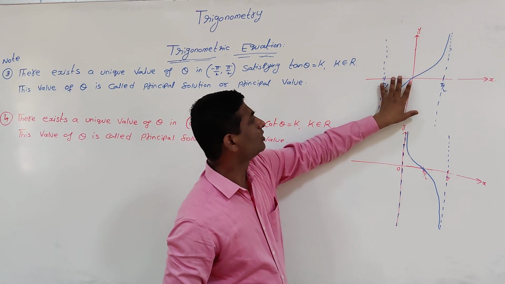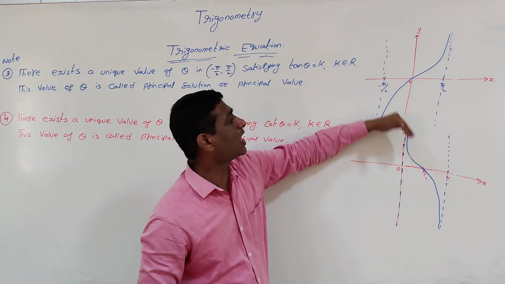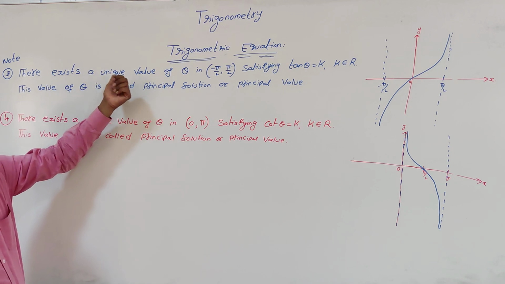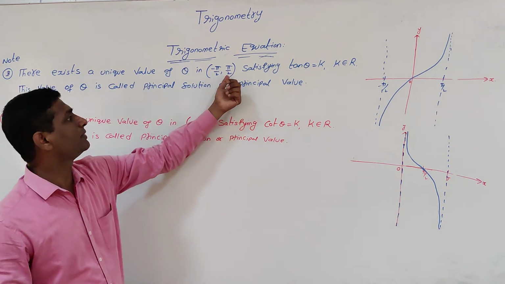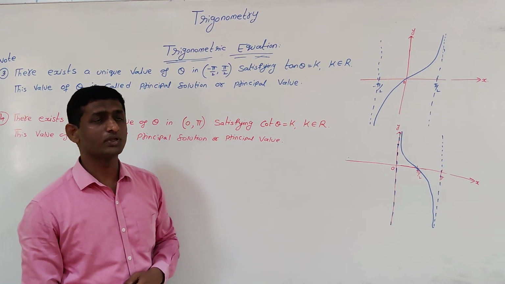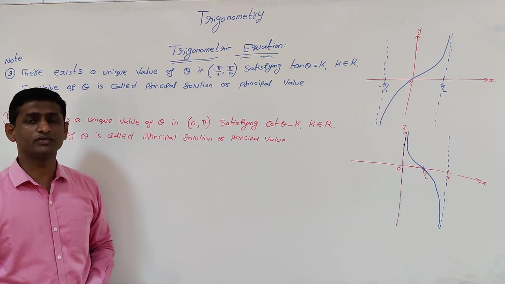So for all values in R we get unique values. There exists a unique value of theta in the open interval minus pi by 2 comma pi by 2 satisfying the equation tan theta is equal to k. That value theta is called the principal solution or principal value.